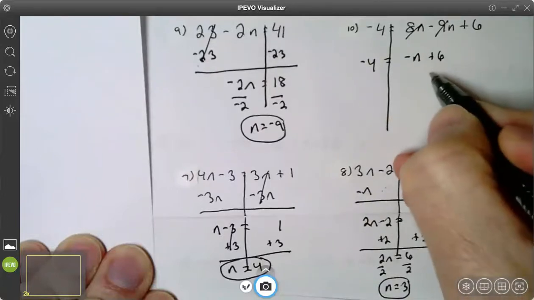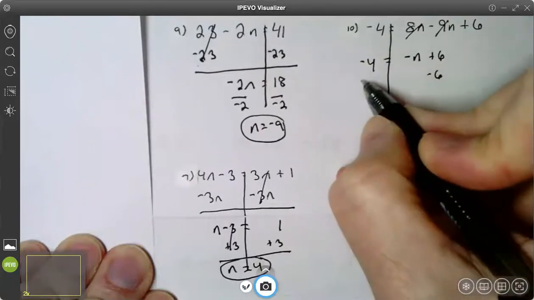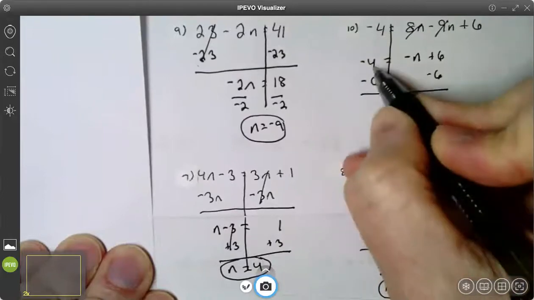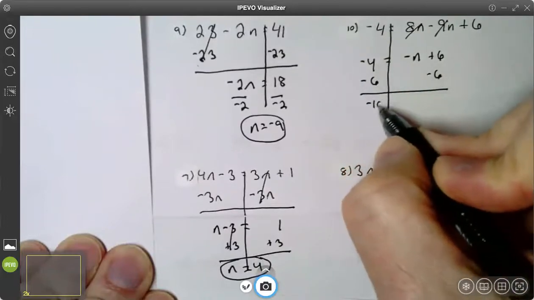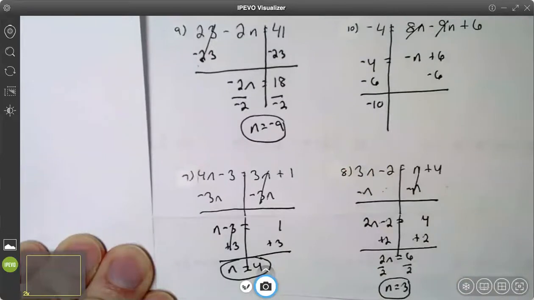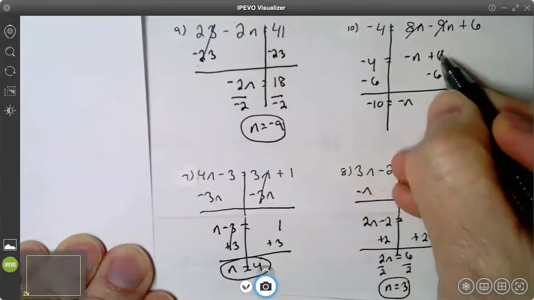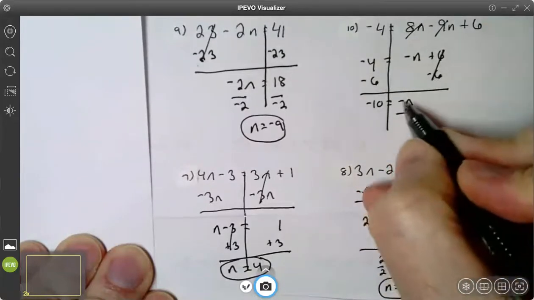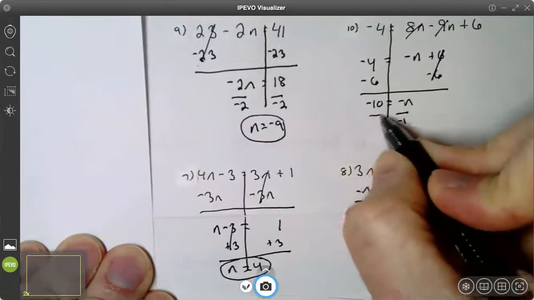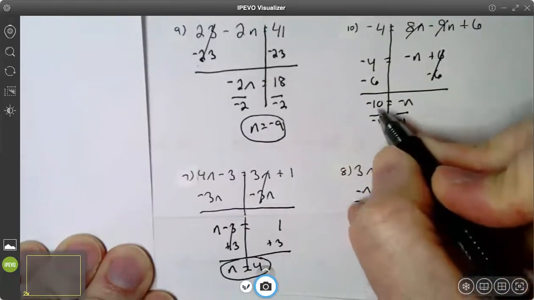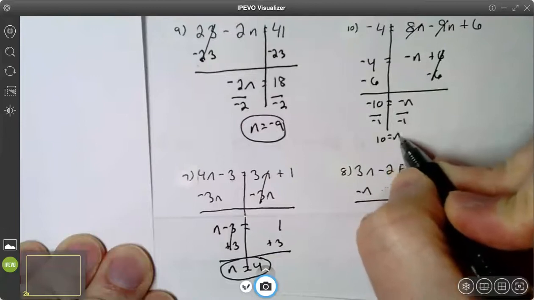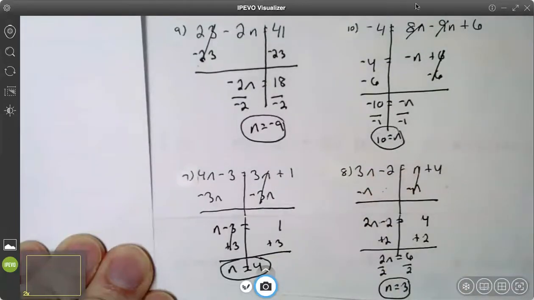To get rid of plus 6, I minus 6 to both sides. Negative 4 plus negative 6 is negative 10. On the right side, my negative n comes down. 6 minus 6 is nothing. To get rid of times negative 1, I divide by negative 1. And my answer is positive 10.